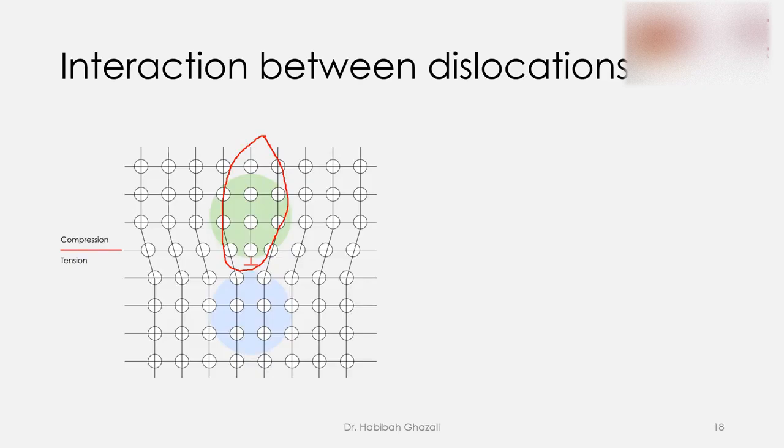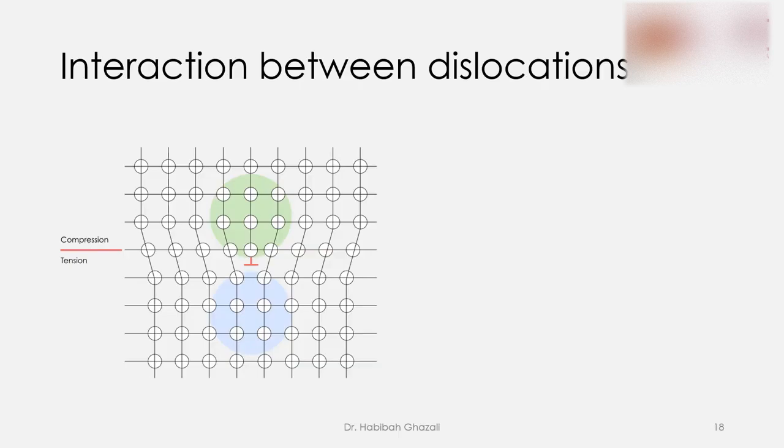So with the introduction of this half plane, the atoms directly above this dislocation line will experience compressive strain, and the ones located directly below that dislocation line will experience tensile strain.